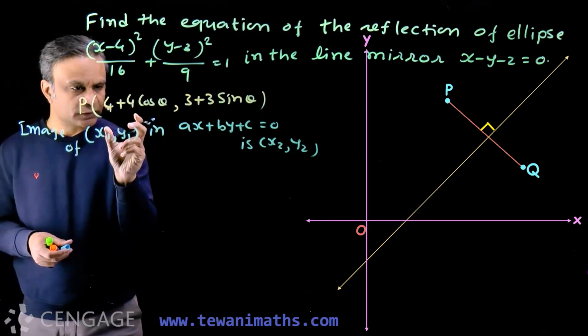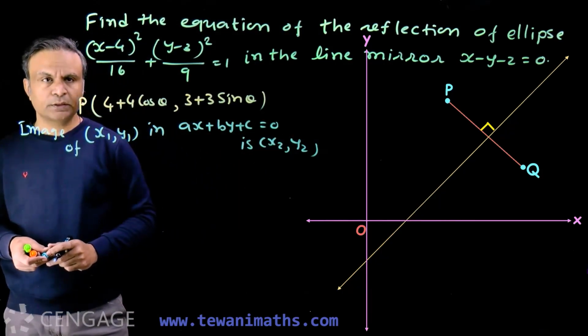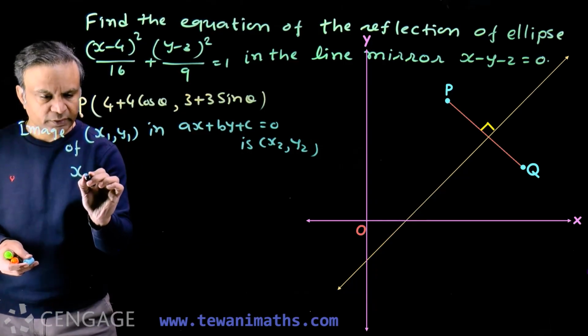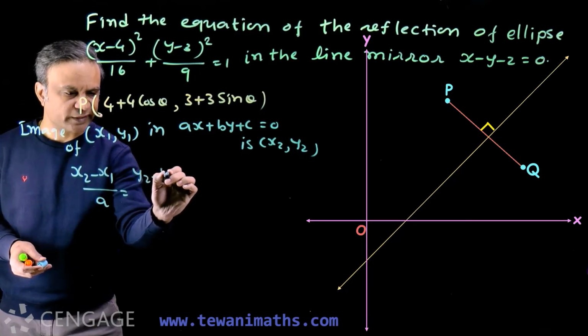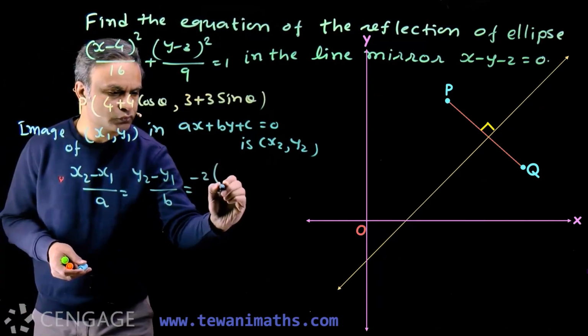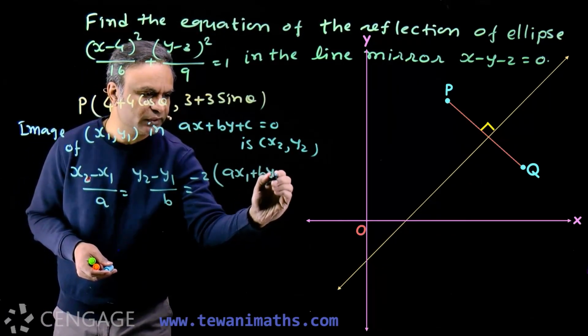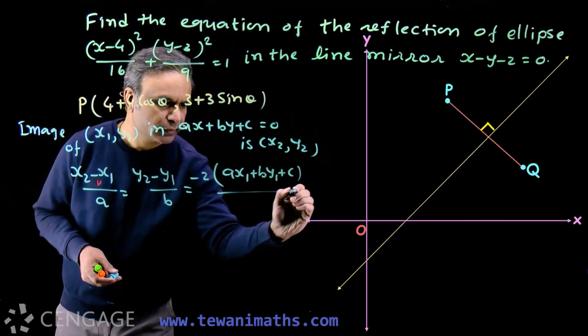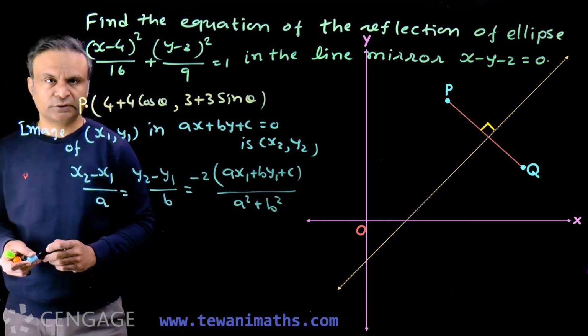Image of this point in this line mirror is x2 comma y2. Then we have formula x2 minus x1 upon a is equal to y2 minus y1 upon b. This is equal to minus 2 multiplied by inside bracket ax1 plus by1 plus c upon a square plus b square. ये होता है फॉर्मूला.